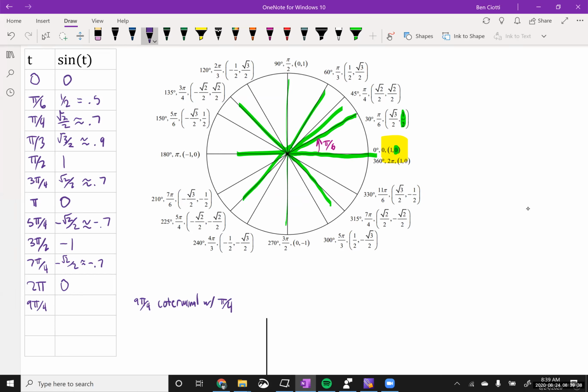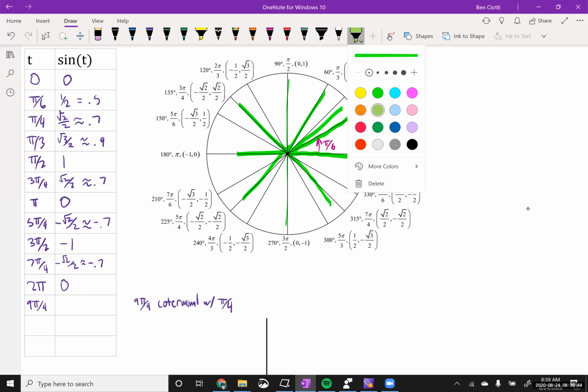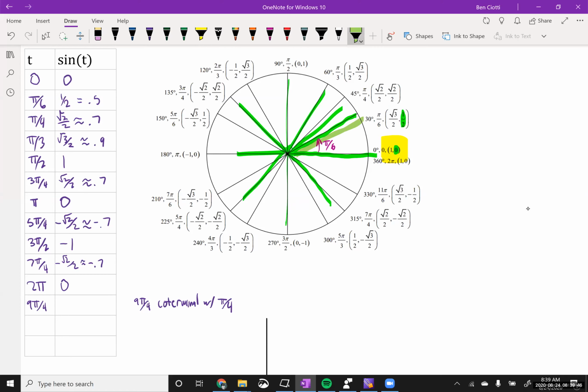So I've completed a revolution, and I'm now back to angles which I already calculated the sine of. So at this point in filling out the values, they're going to start to repeat. I don't have to keep on doing this plugging in because I already know what I'm going to get.